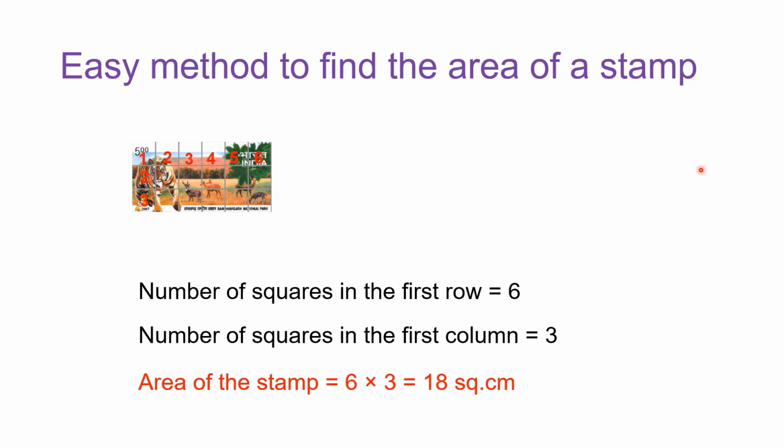Instead of counting all the squares on the stamp, we can multiply the number of squares in the first row by the number of squares in the first column. This is a shortcut method to find the area of a rectangular stamp.